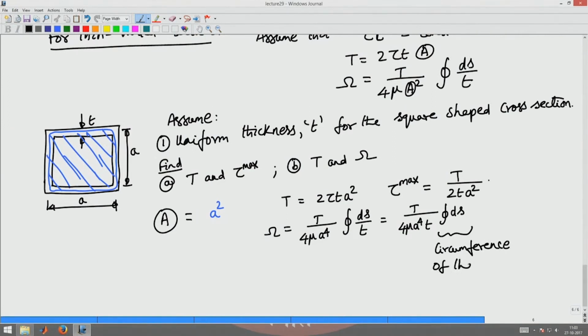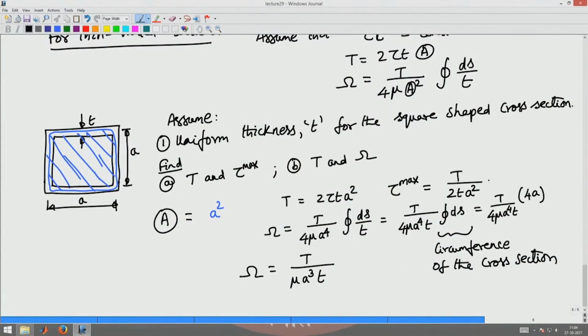For a square, you know the circumferential length is 4a, and hence omega would be related through mu a cube t. So this is the relationship between tau max and the angle of twist per unit length.